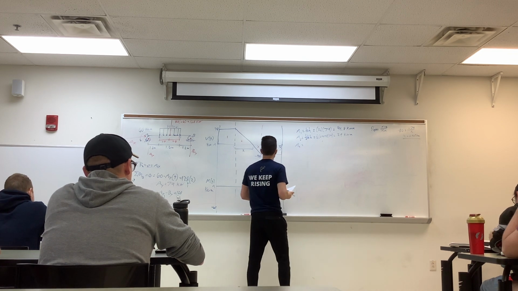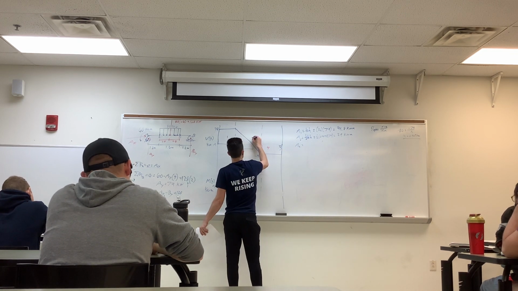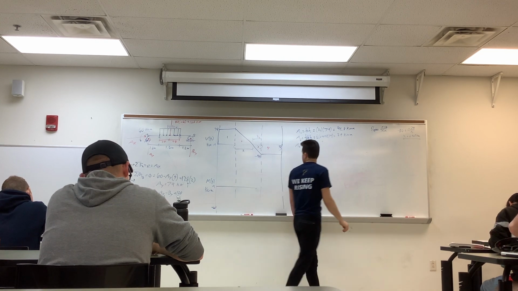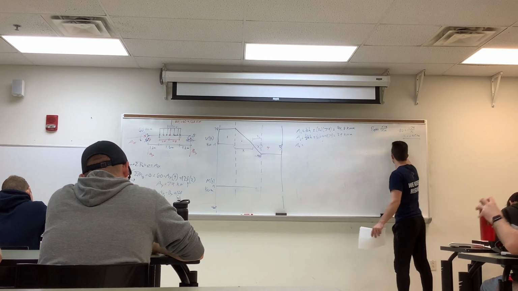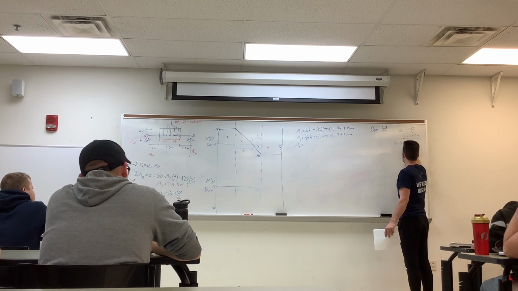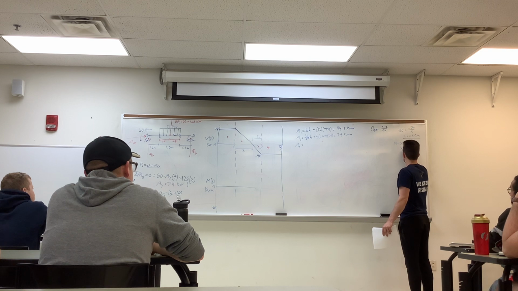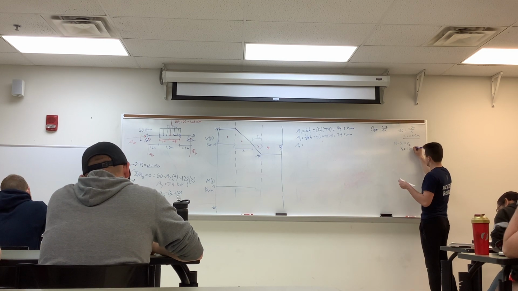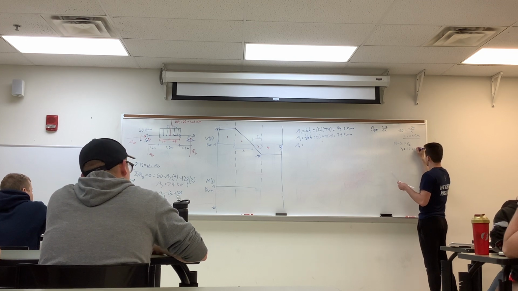For A3, we can find this distance x2 by just subtracting 1.6 minus x1. We get x2 to be equal to 0.6125.